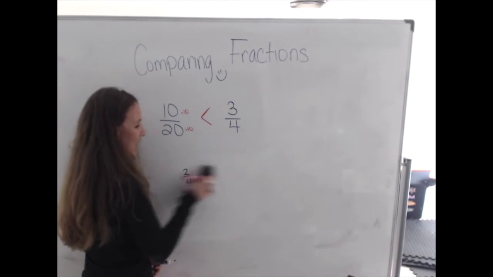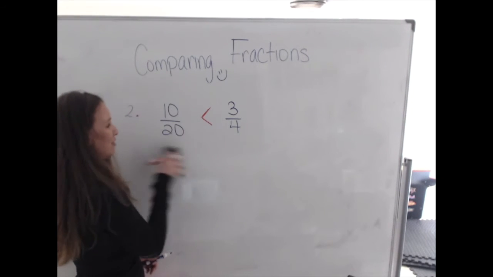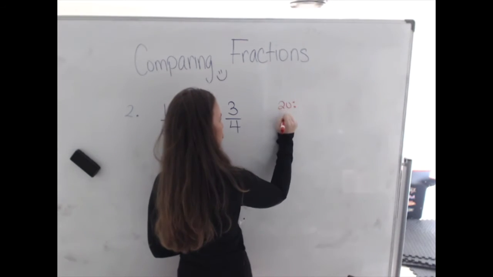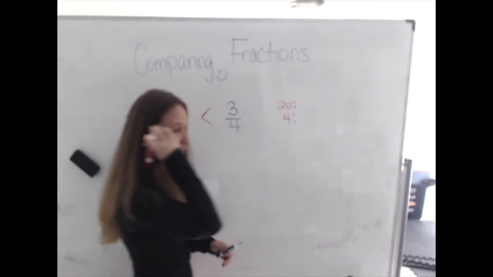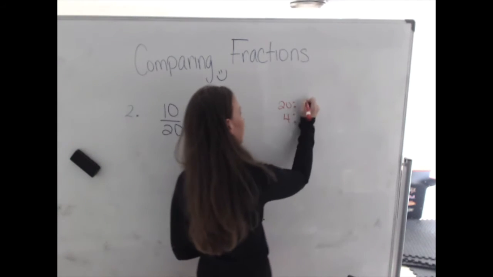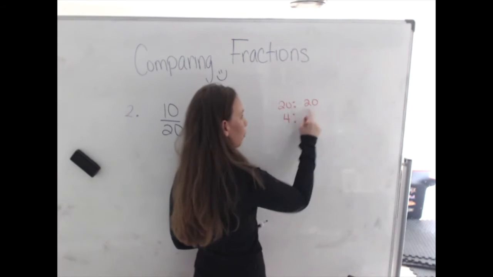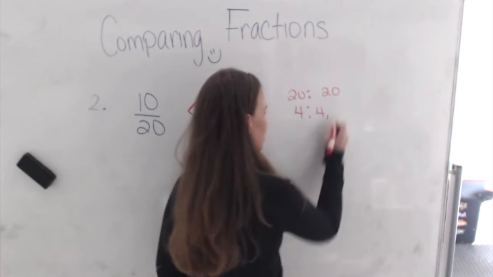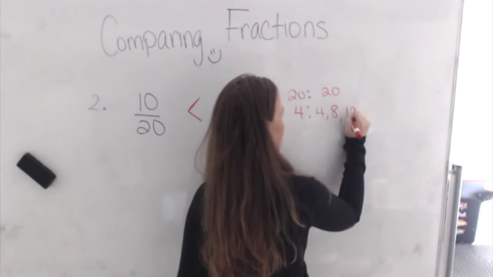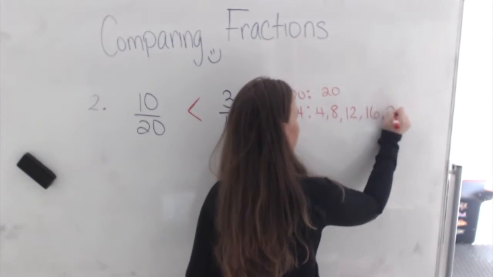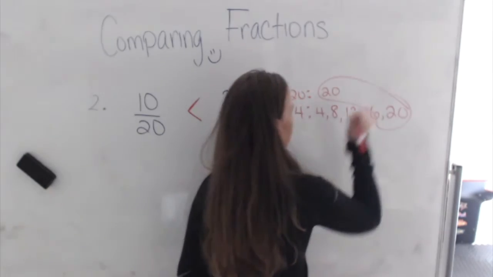I'm going to do the exact same problem without dividing. So what's my least common denominator between 20 and 4? So 20 times 1 is 20, and 4 goes into 20 5 times. So 4 times 2 is 8, 4 times 3 is 12, 4 times 4 is 16, and 4 times 5 is 20.